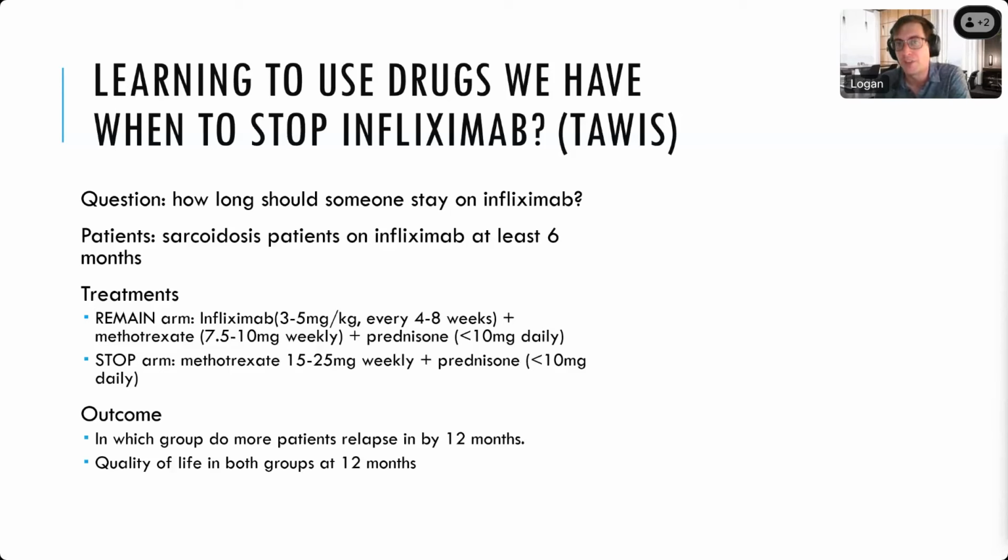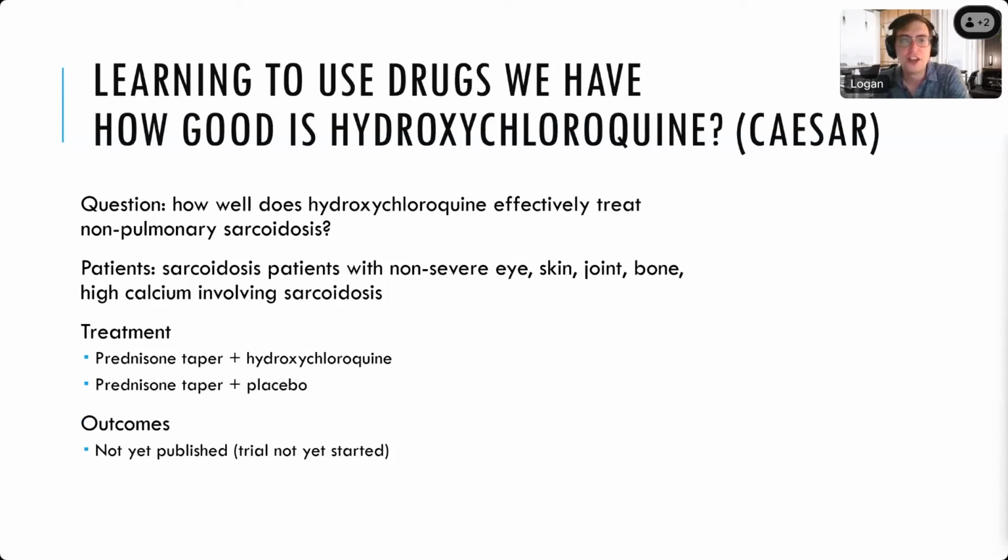The final trial I'm going to talk about, looking at drugs that we currently use for sarcoidosis, is the CAESAR trial. This trial is looking at how good Plaquenil, also called hydroxychloroquine, is for treating non-pulmonary sarcoidosis. This trial will be really helpful because Plaquenil is a drug I frequently reach for when patients are having kind of mild symptoms of sarcoidosis.